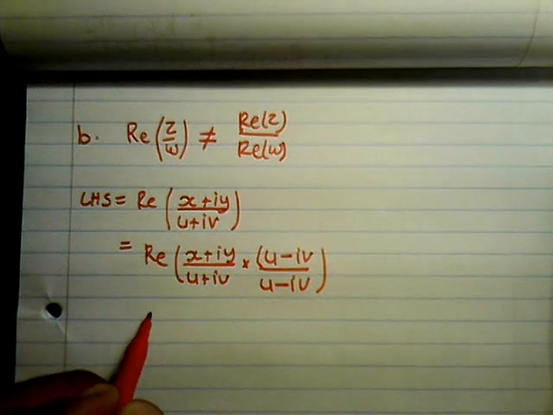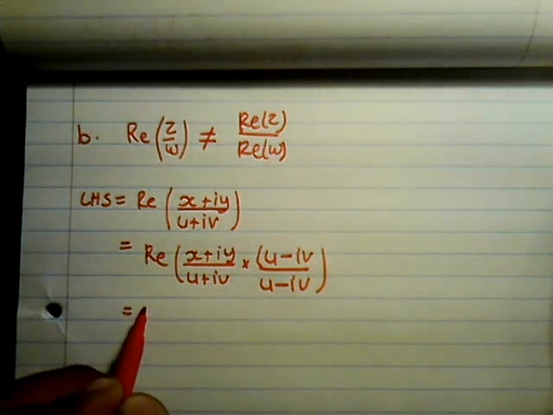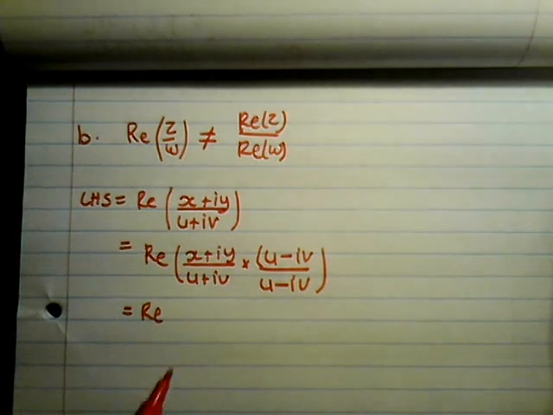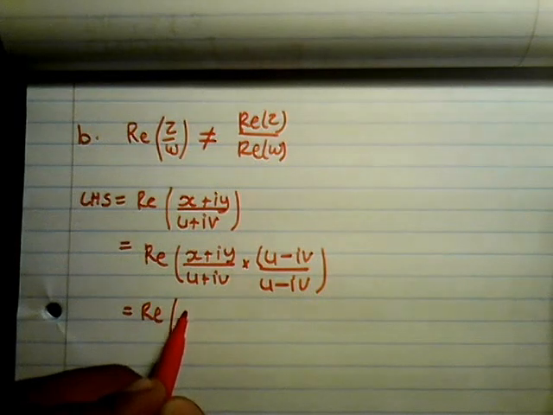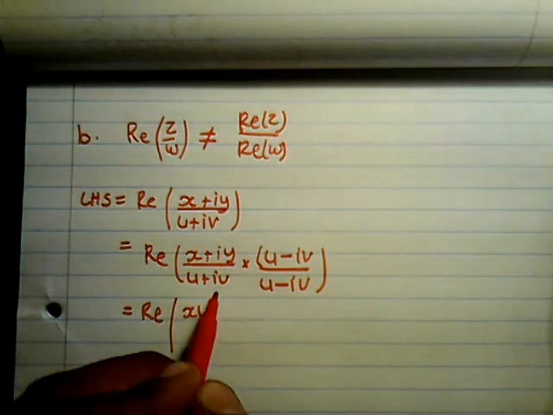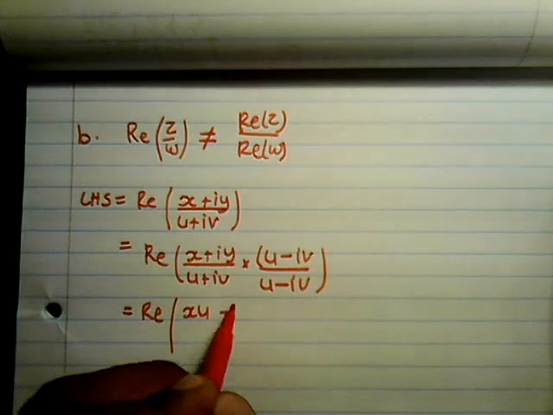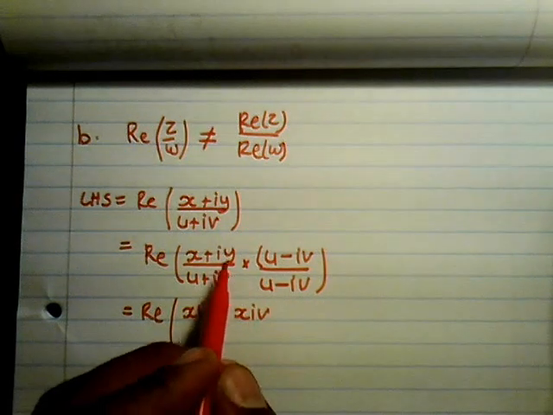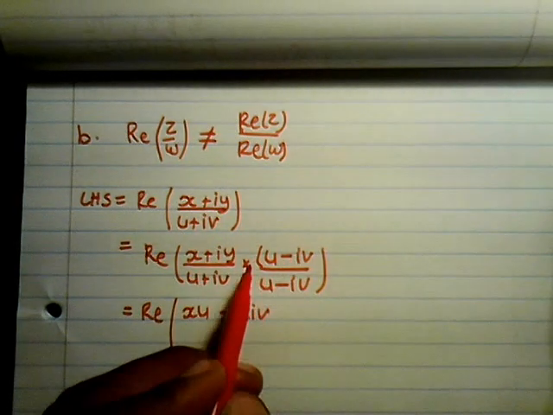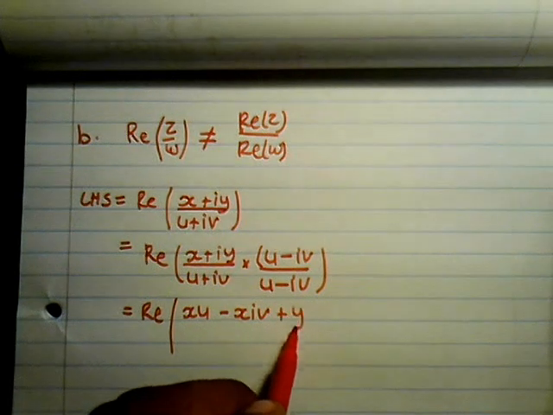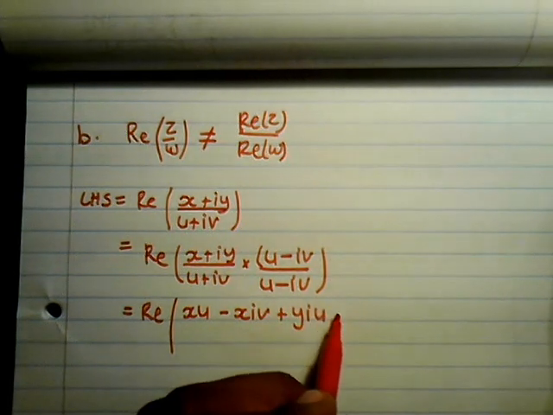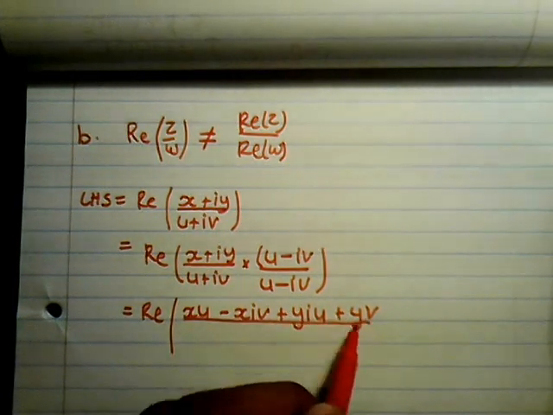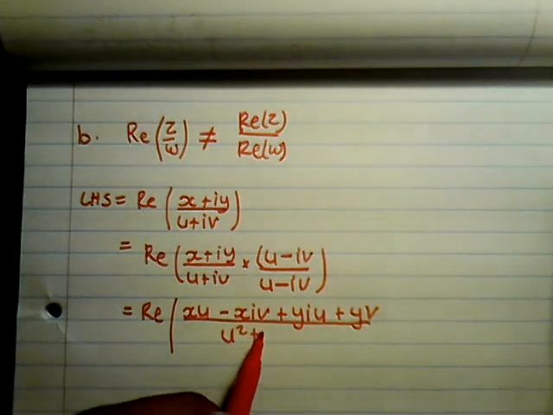Now when we do the whole multiplying and all that, we get Re of xu minus xiv plus yiu plus yv, and this is divided by u squared plus v squared.